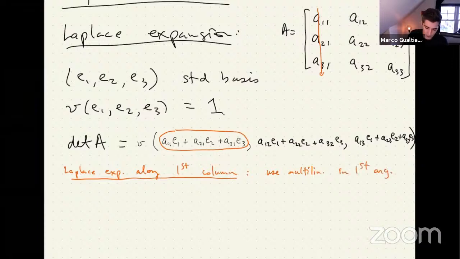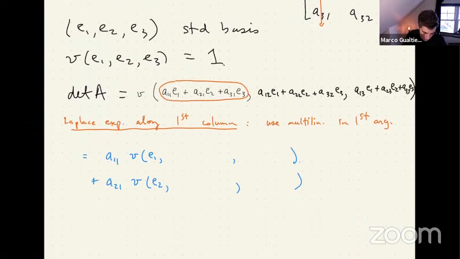So this will be equal to A11, and then I'm going to have 2 entries, plus A21, plus A31. So you see what I'm doing?